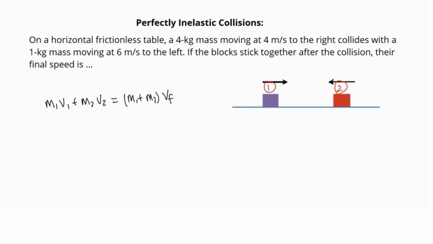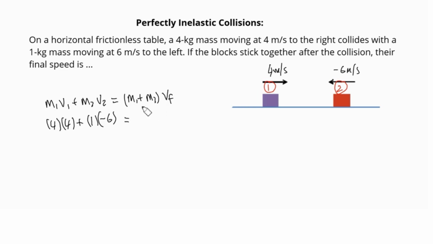Okay, so back on, m1 is 4 and v1 is 4 because this mass is moving at 4 to the right, plus m2 is 1 moving to the left, which would be negative 6 meters per second. So this guy's moving here at negative 6 meters per second. This guy's going at 4 meters per second.